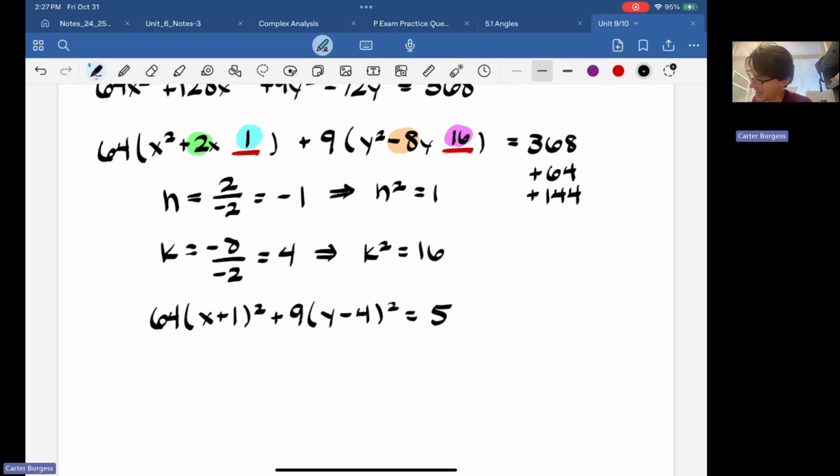I get that this is 576. And from here, it's just the exact same example that we did for part 1 and part 2. Carson, what do we do from here? Divide by the 576 on both sides, and then you can use that to figure out what your a and your b are. And then graph.